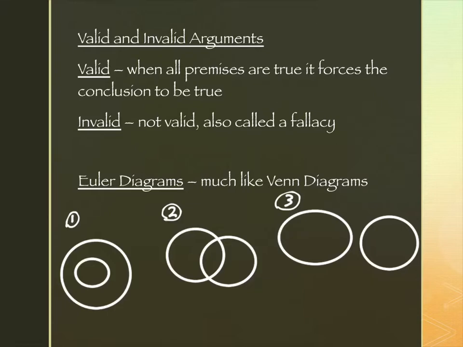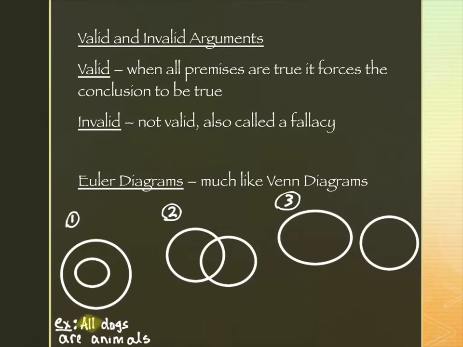So I'm going to give you an example of the argument structure that precedes creating any one of these three diagrams. The first one we're going to do is: all dogs are animals. The key word really in this is the word all.